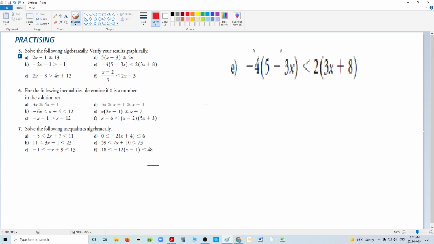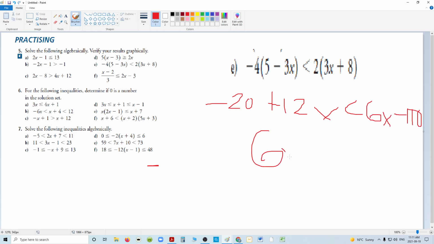When I distribute, I get -20 plus 12x is smaller than 6x plus 16. Bring the x's over, I get 6x. Bring the 20 over, I get smaller than 16 plus 20, 36. When I divide by 6, I get x smaller than 6.